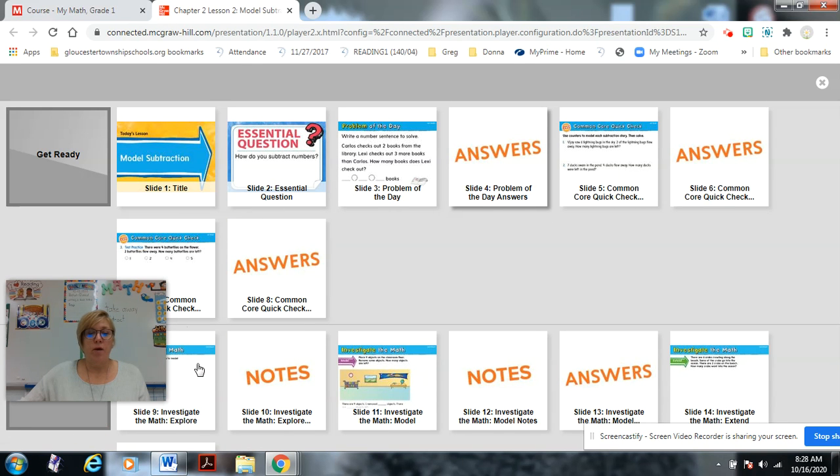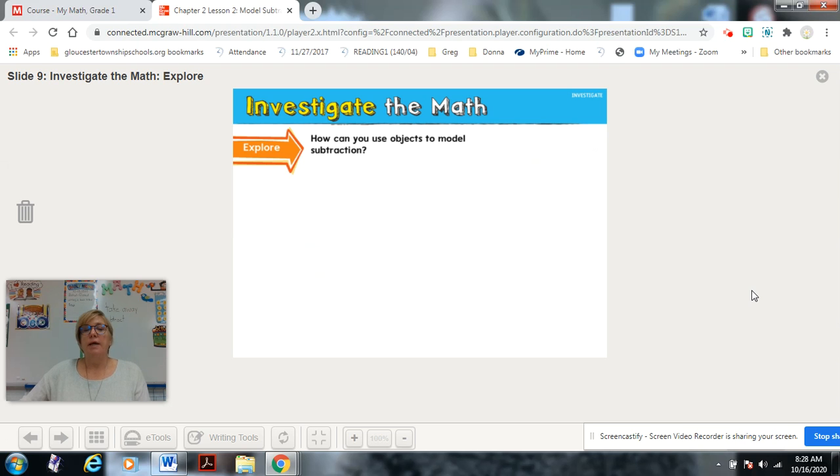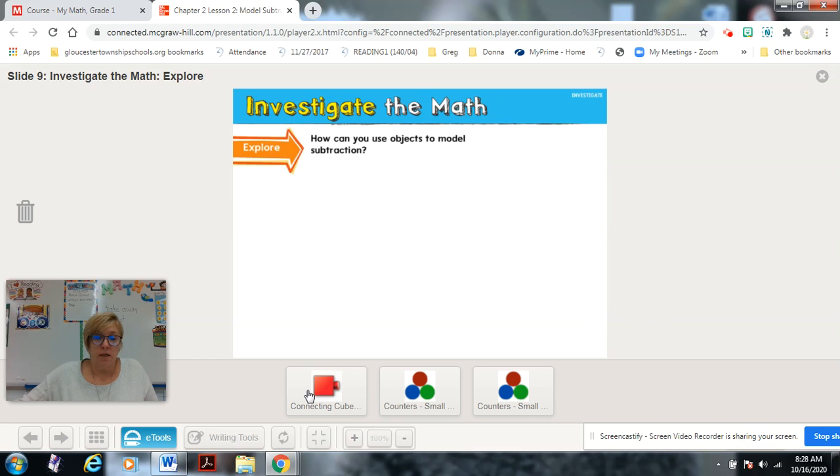Let's check out this one. It says, how can we use objects to model subtraction? Okay, so now they're getting our brain ready for subtraction, which we already said is taking away. So we can use some objects. You can use counting cubes, connecting cubes, or counters.